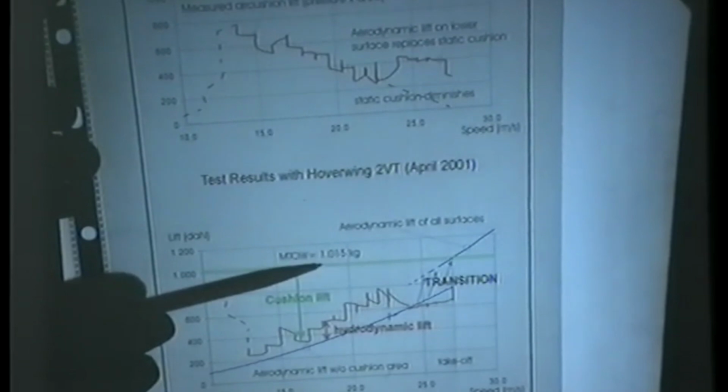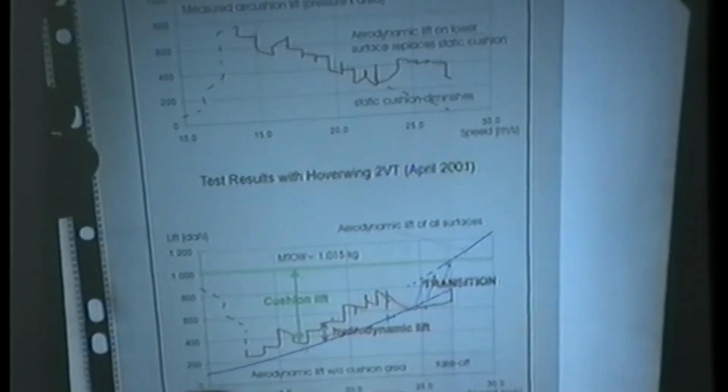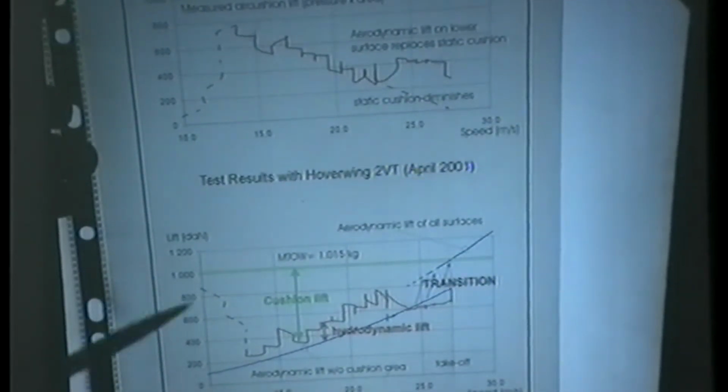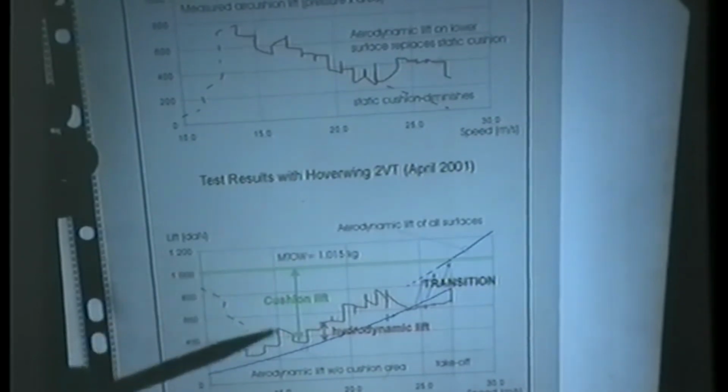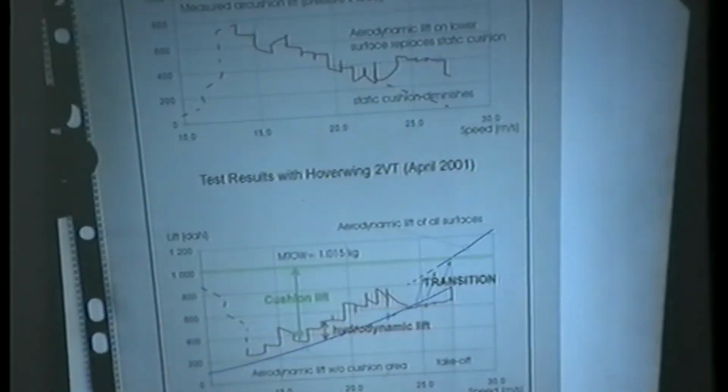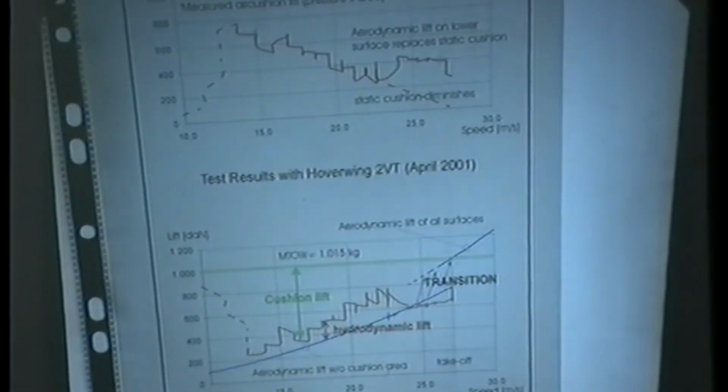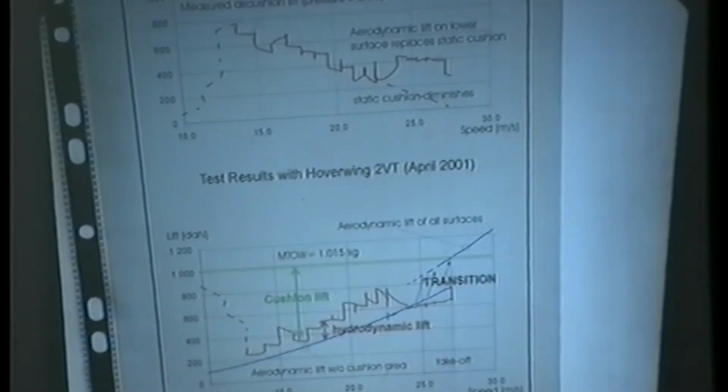This is the lift, this is the weight of the aircraft, 100%, and this is the forward speed. So this is, over the speed, the air cushion lift, the red one. This is theoretically the aerodynamic lift from the wings and the cabin. And in between, there's the hydrodynamic lift. So with that diagram, you are able to tune the lifting device over this take-off phase.